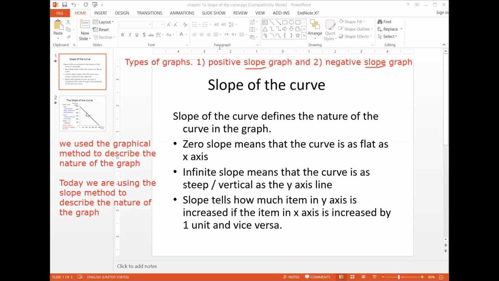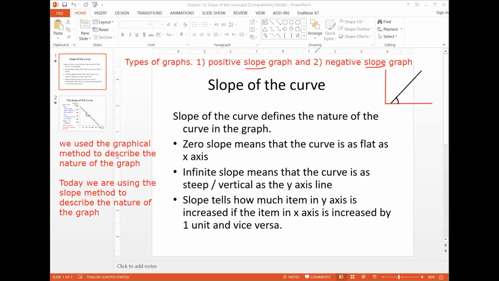If I draw a rough diagram here, with a y-axis and an x-axis, and make a graph, the slope will tell us the angle this line is making with the x-axis. If it is positive, the bigger the angle, the more positive it is.